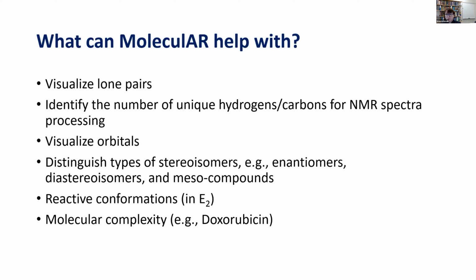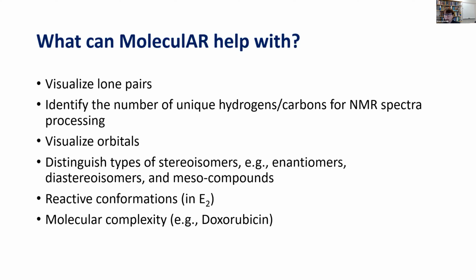When it comes to symmetrical molecules, for students to predict or understand the NMR spectra, it was a good way for them to see what makes a molecule symmetrical, and as a result, identify the number of types of unique hydrogens or carbons.